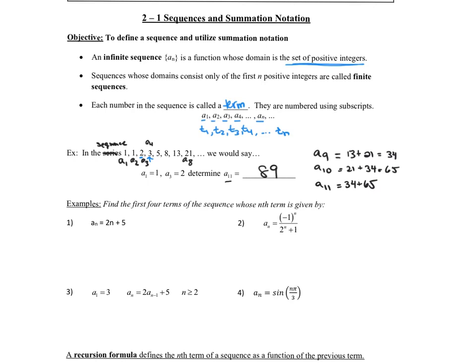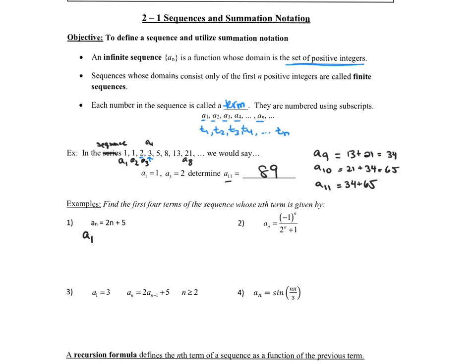Most terms in sequences are a little bit easier to find because we're normally given what's called an explicit definition. So if we look at the first example, this is an explicit definition because if I plug 1 or 2 or 3 in for my term number, then I can get out the value.